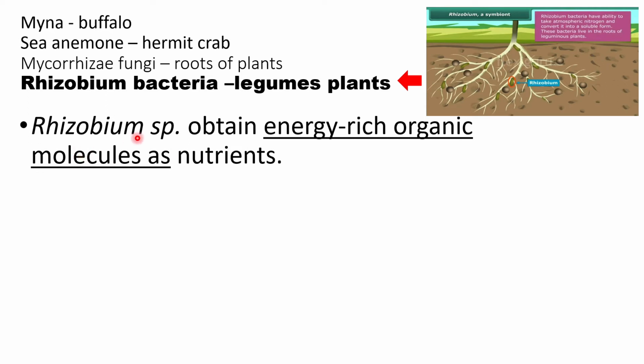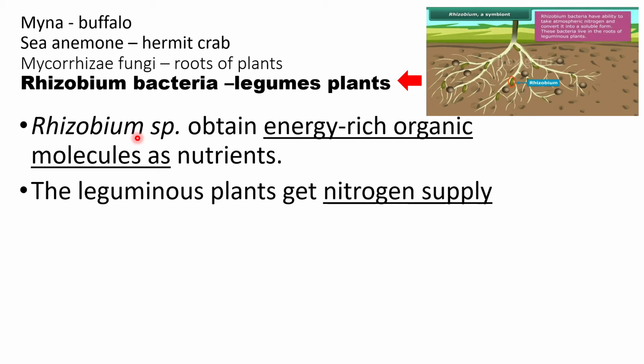Okay, this type of bacteria, nitrogen fixing bacteria. So we say that the leguminous plants, pokok kekacang itu, bakteria ni tinggal di sini, akar-akar itu, nodule of the roots. So kebaikan kepada these leguminous plants is that they get the nitrogen supply. Okay, how about the bacteria species themselves? Is that they get to obtain energy-rich organic molecules daripada leguminous plants itu in return.